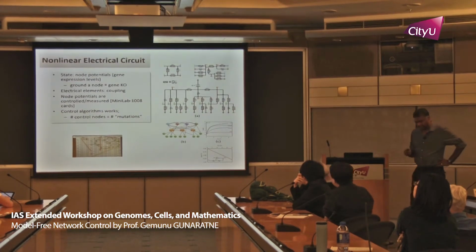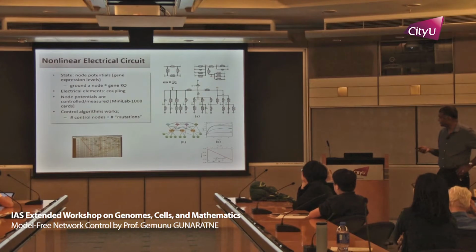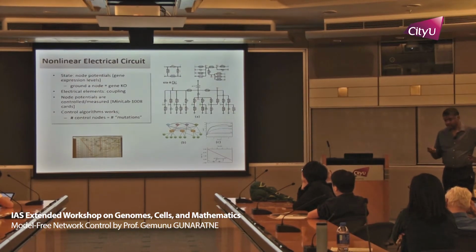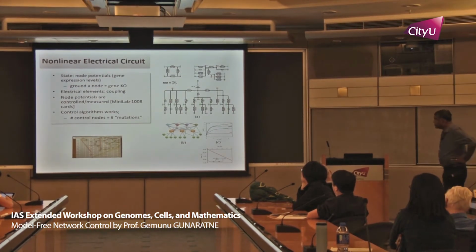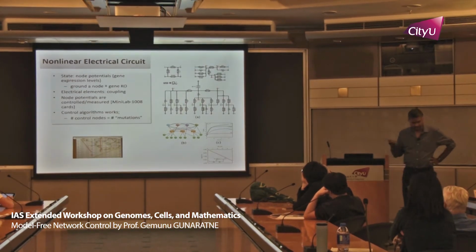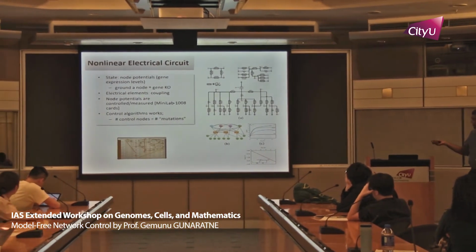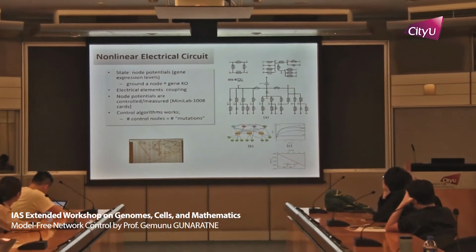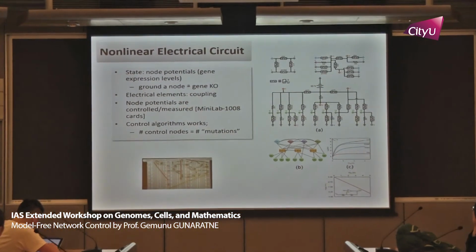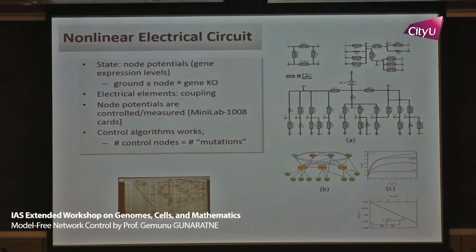So like I said, we have tested this on many model systems, also an experiment. The experiment is nonlinear. We've done this on several electrical circuits, nonlinear electrical circuits constructed using transistors.